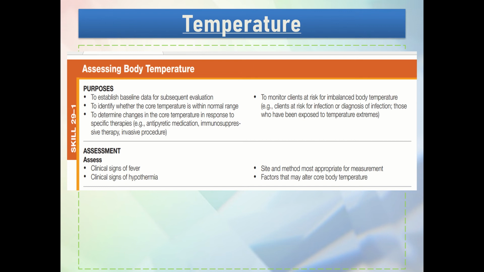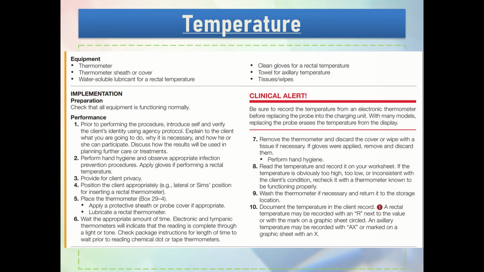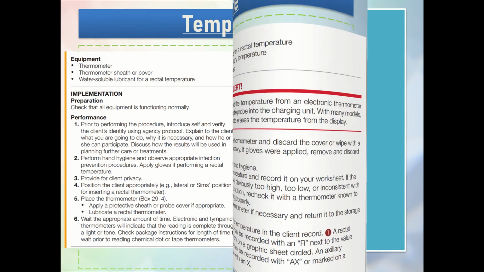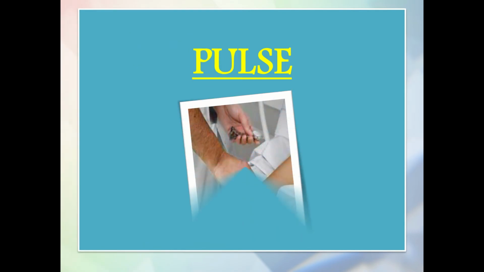Pero in our case, we only have one checklist for all the vital signs. Kaya mamaya, i-discuss ko yung checklist natin na gagamitin. So I just place it here for your information or for additional details of the topic. Okay, so this is the checklist on how we assess body temperature. Again, FYI. So kindly read for more information.